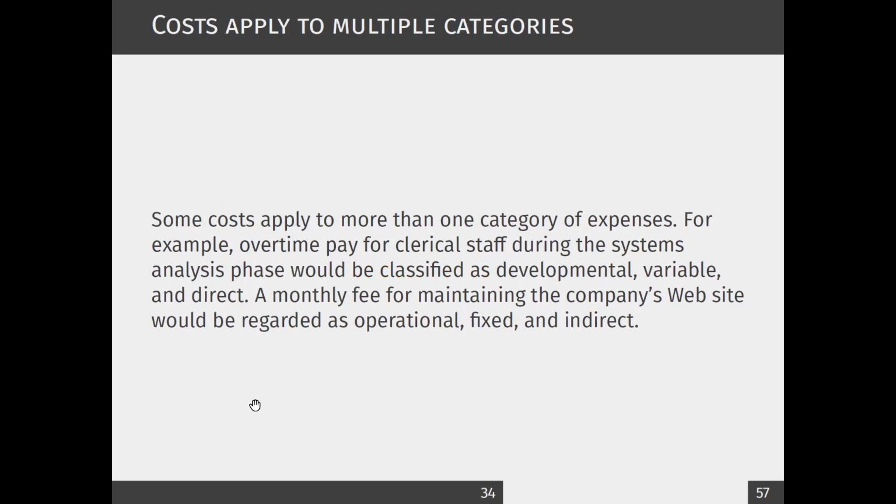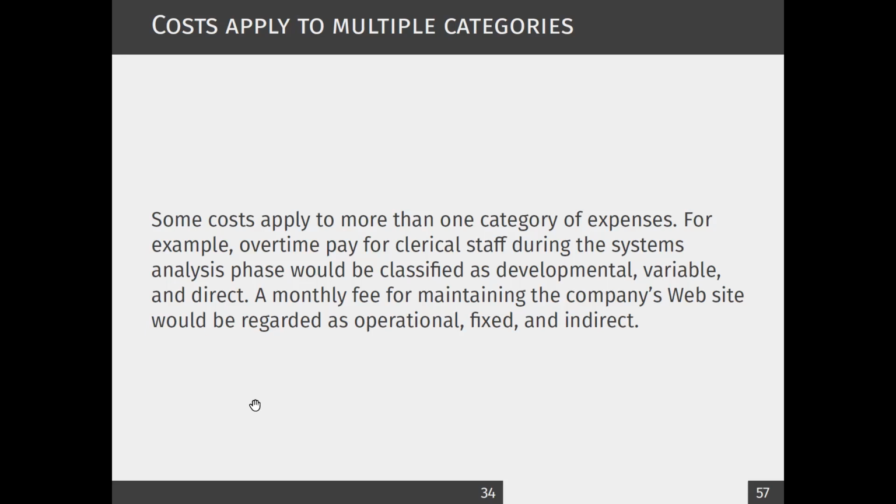Okay, although we try to categorize these, pure classification is not possible. So we can say some costs can belong to more than one category. Take overtime pay. Usually when somebody works after hours, let's say after 4 p.m., they get an extra amount of money as overtime payment, right?